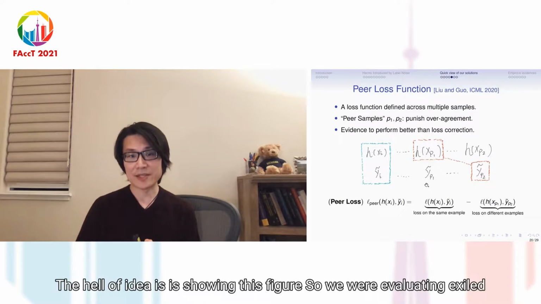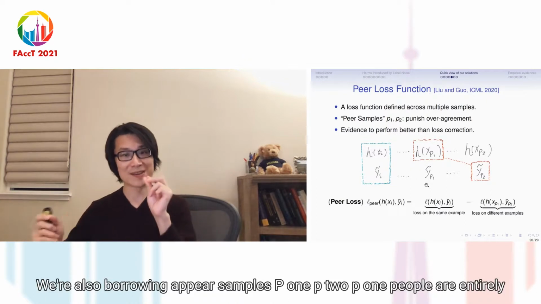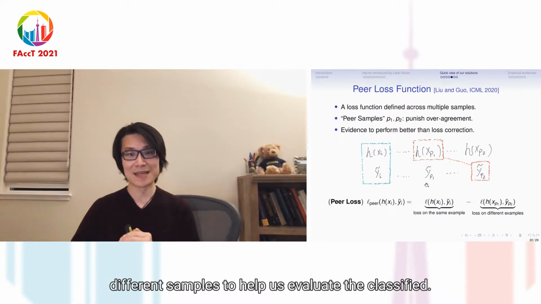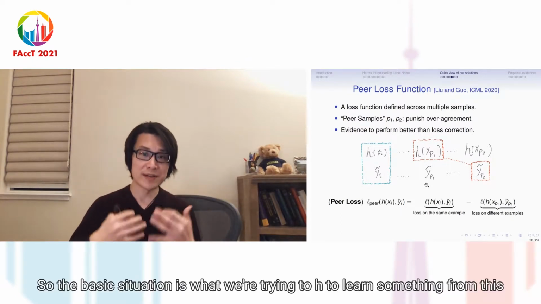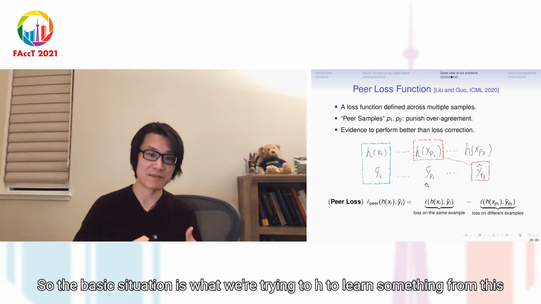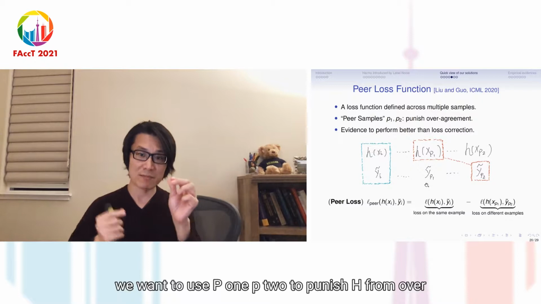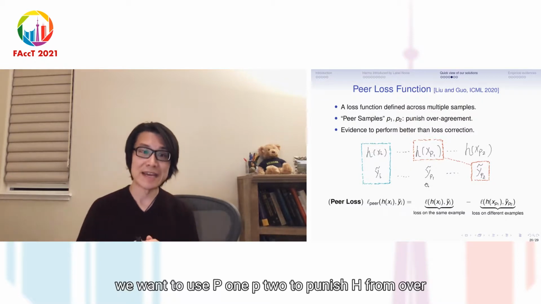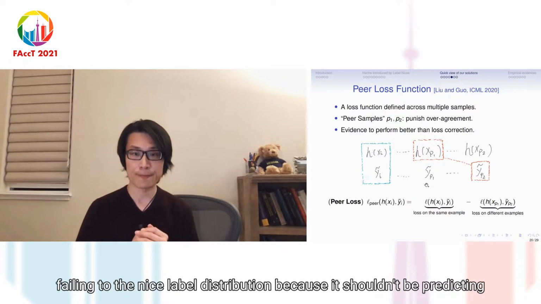So when we're evaluating X R via tilde, we are also borrowing pure samples P1, P2. So P1, P2 are entirely different samples to help us evaluate the classifier. The basic intuition is, while we are training the H to learn something from these pairs of X R via tilde, we want to use P1, P2 to punish H from overfitting to the noisy label distribution.